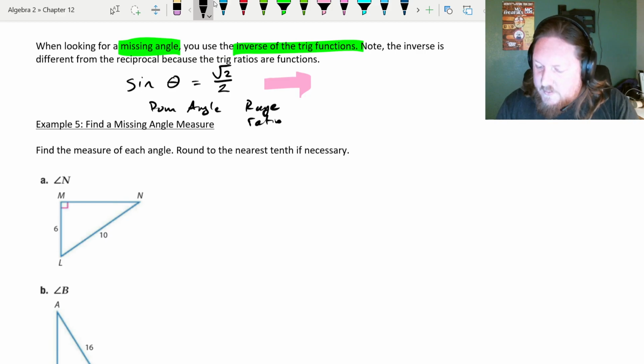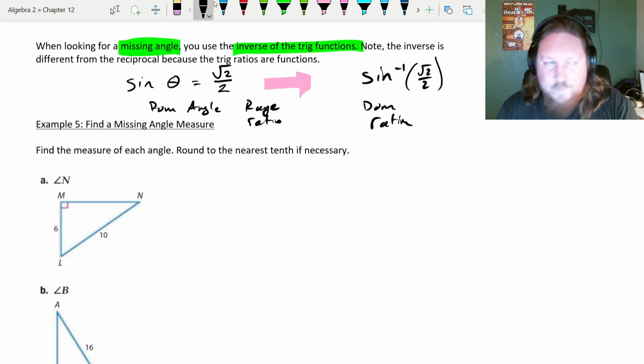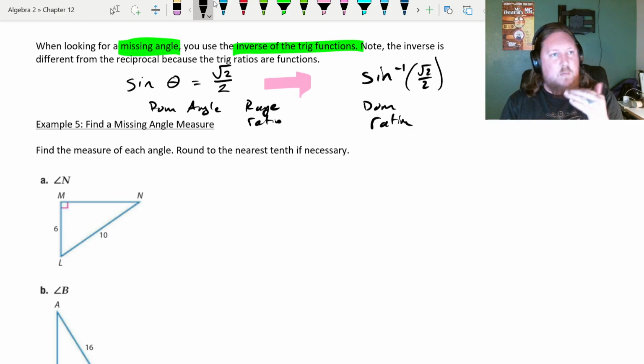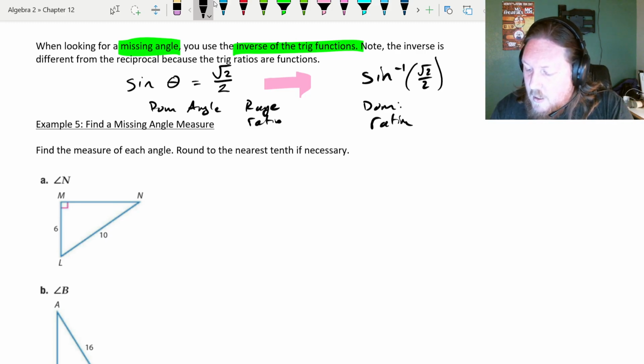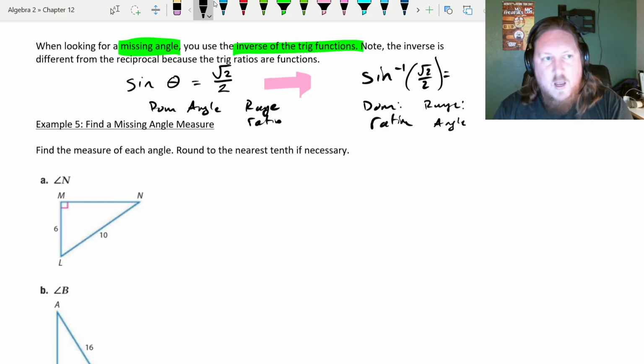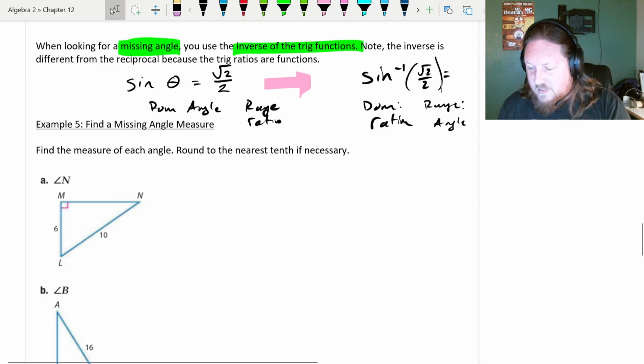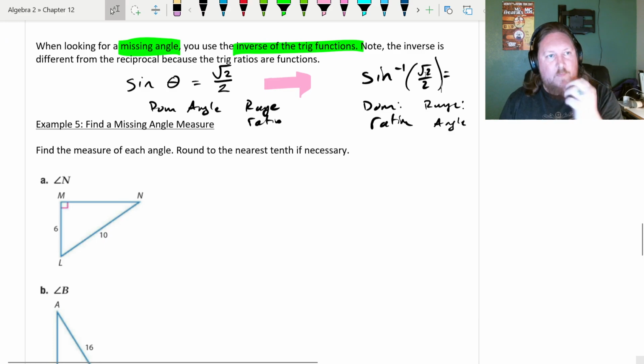Now, for the inverse sine of root 2 over 2, the domain is a ratio, and the ratio usually has to be between 0 and 1, unless you're working with tangent, or negative 1 and 1, but that's a different time. And the range is going to be an angle. That means we're going to put in a ratio, and out pops an angle. And so we should expect to have 45 degrees.